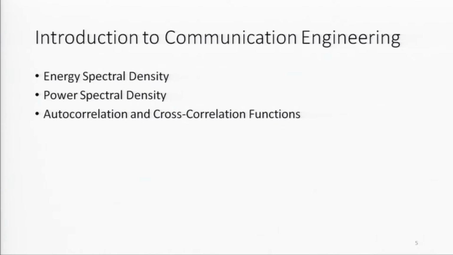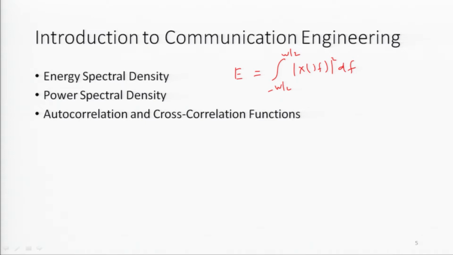Energy spectral density: when we calculate the energy E in the frequency domain, in the range minus W by 2 to plus W by 2, this is the bandwidth, E equals the integral of mod of X(jf) squared df. This is the way we can find the energy of the signal.